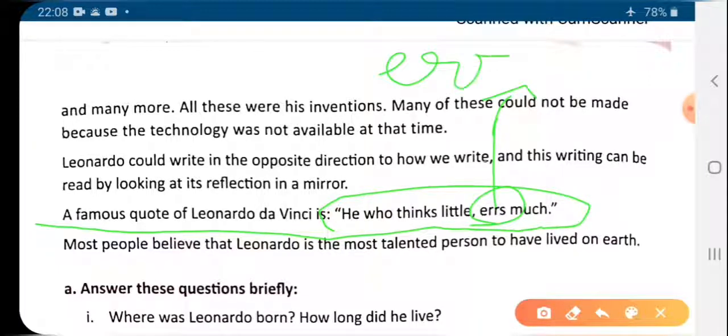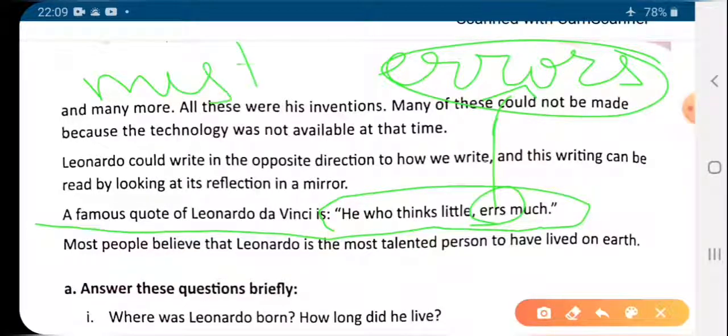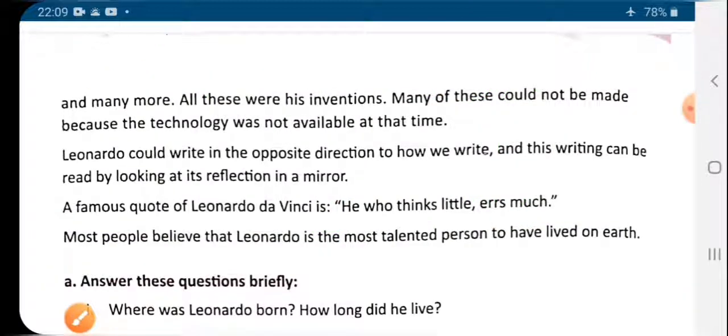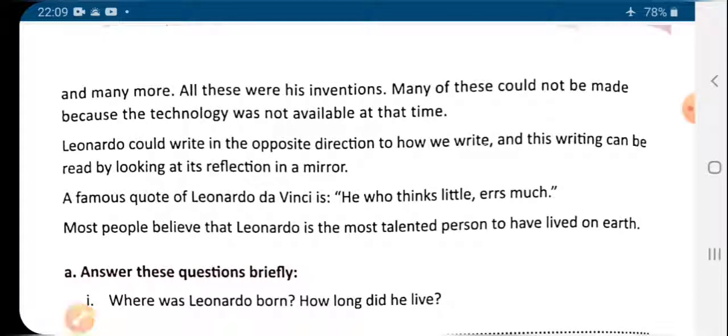Those who think little or do not think well commonly make mistakes. Means we should first think, we should plan out all our matters. By this what happens? There will be no mistakes. So think before you do.